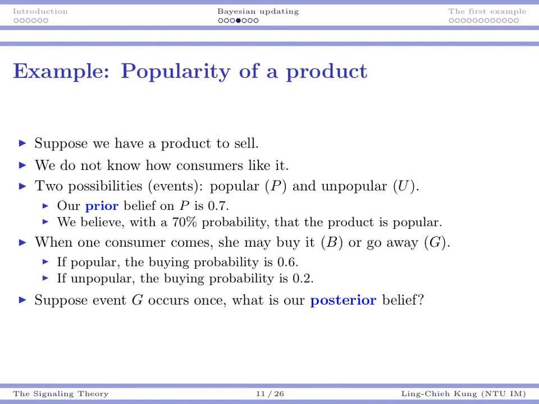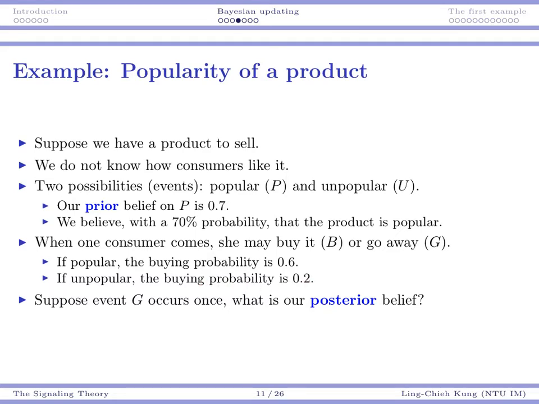Suppose a consumer comes, the consumer may choose to buy it or just go away. Our understanding of this product is that if the product is popular, then the buying probability should be 60%. If the product is unpopular, the buying probability should be 20%.